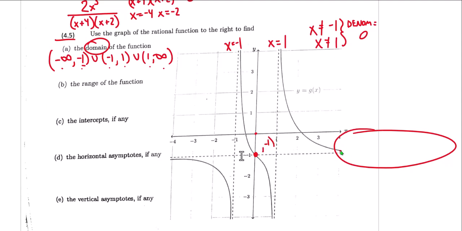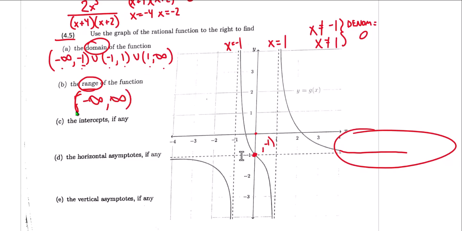So while it might be true that this leg of the graph gets very close to negative 1 but never touches it, and this leg of the graph gets very close to negative 1 but never touches it, there is a leg of the graph here in the middle that crosses that horizontal asymptote, and therefore there is a point on this graph where y equals negative 1, which means the range of this function is negative infinity up to infinity.